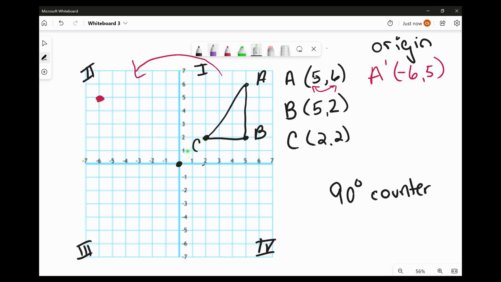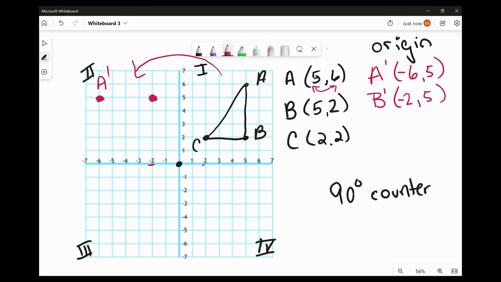Okay, so let's take a look at B. This one's A prime. So B is 5, 2. When I go 1 quadrant over, into quadrant 2, I'm going to switch those numbers. So instead of 5, 2, it's going to be 2, 5. But notice it's going to be a -2 and a +5. So B prime is -2, +5.